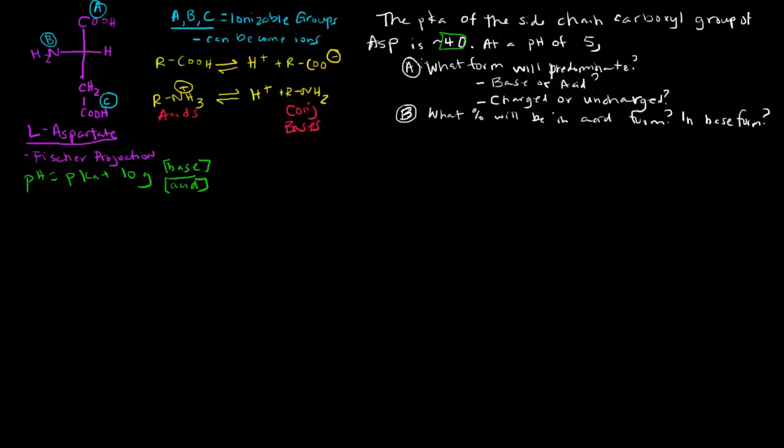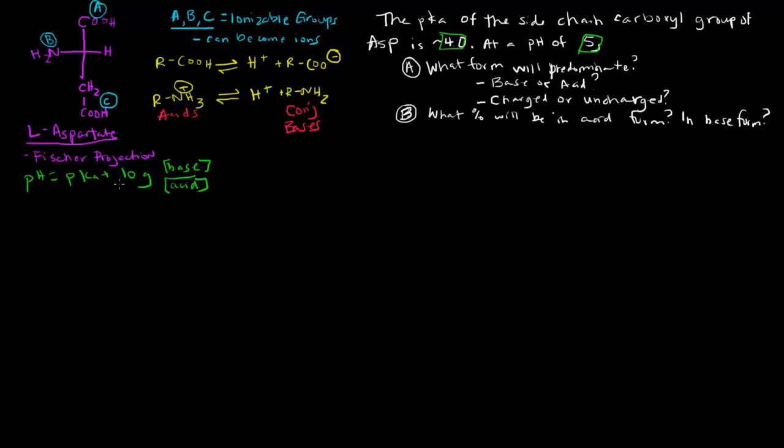They're asking at a pH of 5, what form will predominate? So base or acid, charged or uncharged. If they're asking about base or acid, that means they want us to find this ratio. They give us these two values, and we need to find this. So let's go ahead and do that.